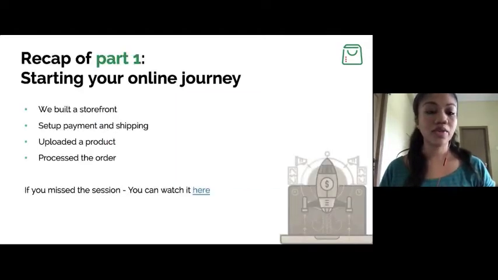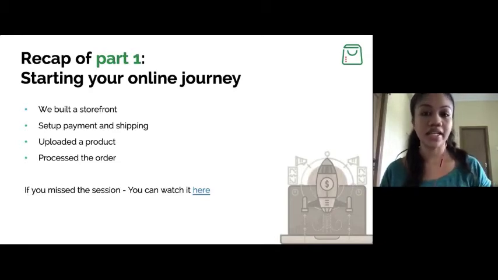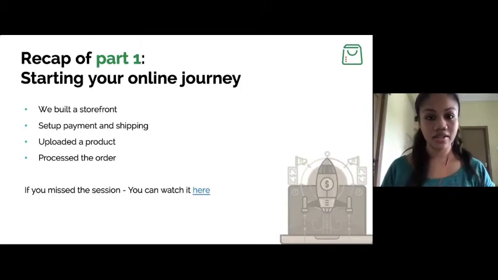And so a quick recap of what part 1 was about. When people go about building their online store, they might find it a little intimidating given the fact that they have to build it from end to end all by themselves. And so what part 1 helped you understand was how you can build a storefront, which would be the home page along with all of your categories and collections.